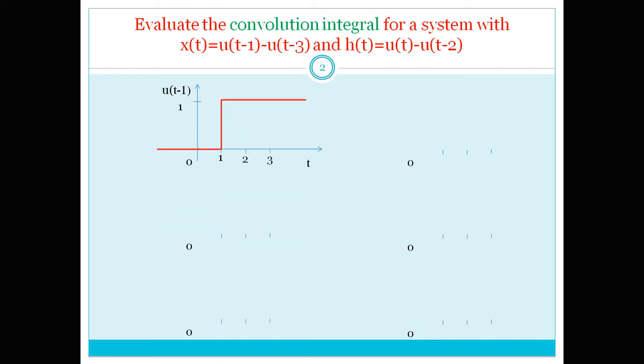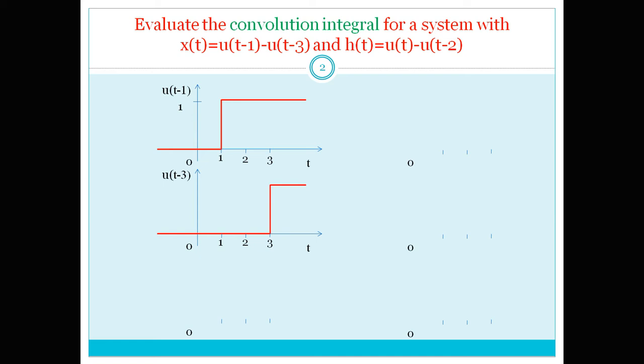Please kindly observe the thing. So this is the time shifting of 1 unit to the right side, u of t minus 1. On the same lines we can define u of t minus 3. So this is u of t minus 3.